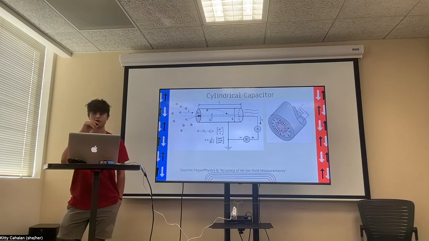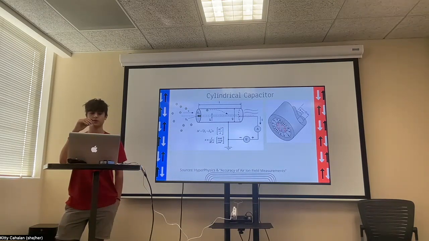There's a different voltage applied to each of the tubes, which creates a potential difference and an electric field between the tubes, because the tubes are exchanging electrons between each other. And then when charged particles go between the tubes, they hit this electric field and they experience a force. Experiencing this force creates a current, which can be measured and analyzed to determine the number of air ions that are flowing between the tubes.